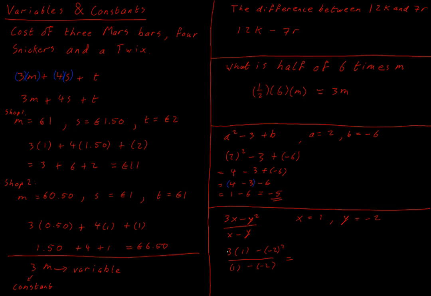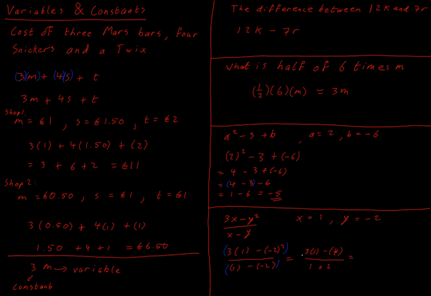Now I know that there are secret brackets around the top and bottom of my fraction, so I need to simplify what's in brackets first. So I have 3 by 1 minus 2 by minus 2, which is going to give me plus 4. Minus 2 squared means minus 2 multiplied by minus 2, which gives plus 4, all over, and I have a multiply to do on the bottom, so 1 minus by minus is plus 2.